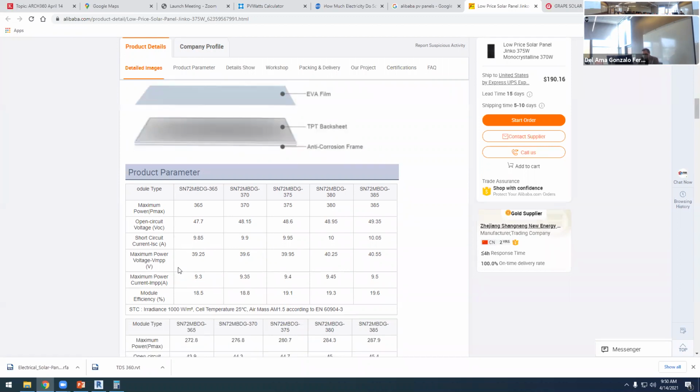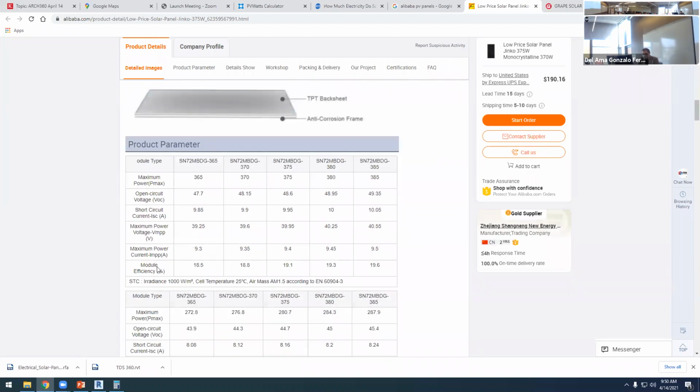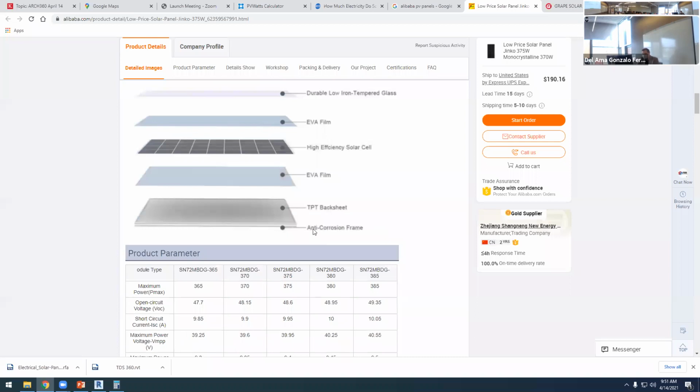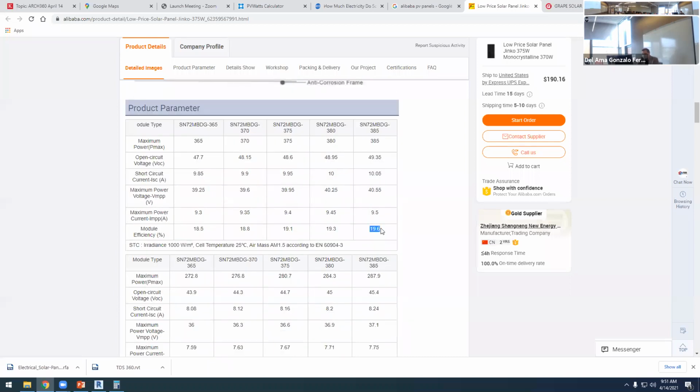Here you can see that we have different module efficiencies. So there are different names or different brands. This can produce 365, this can produce 385, because the efficiency here is higher than that one. So I assume that the size is the same for all these elements, but this is more efficient.